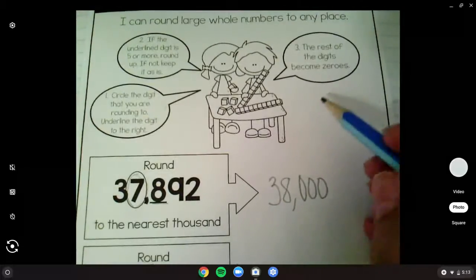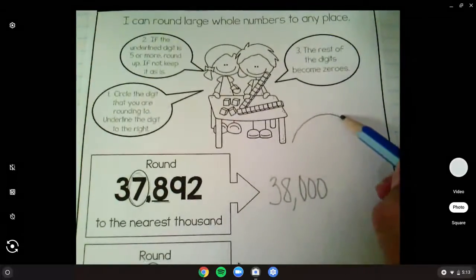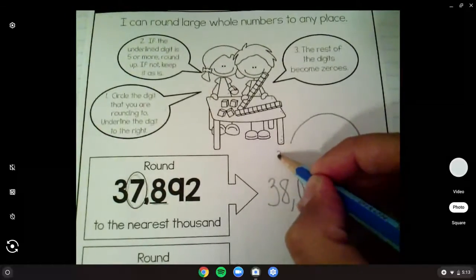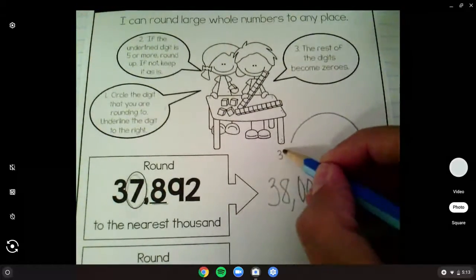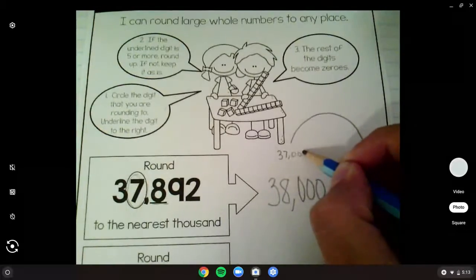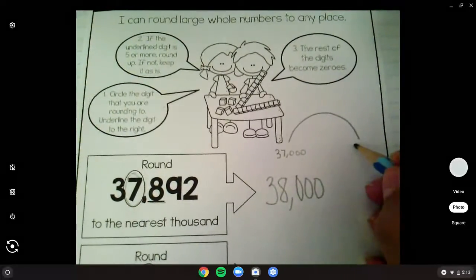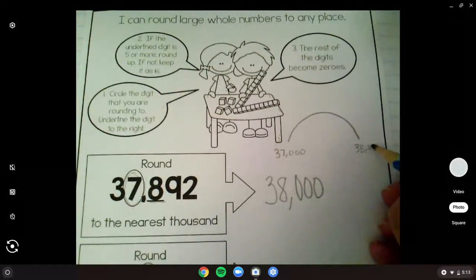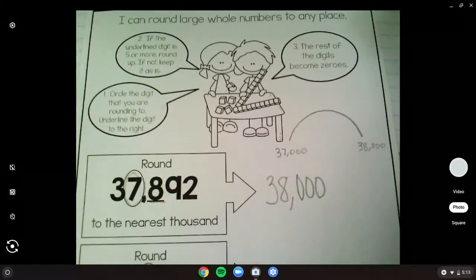I like to think of this as like a roller coaster. To my closest 10,000 for this one, I have 37,000 on this end, and I have 38,000 on this end.